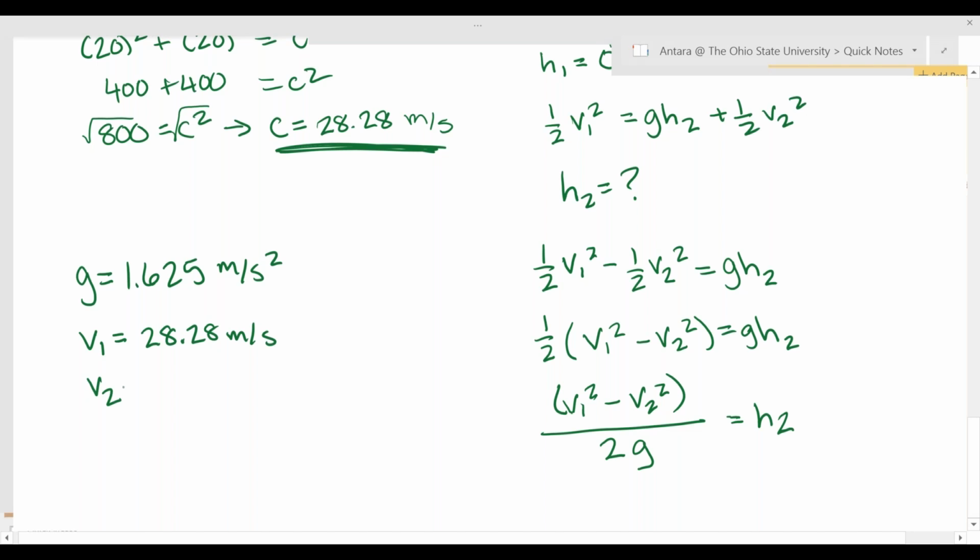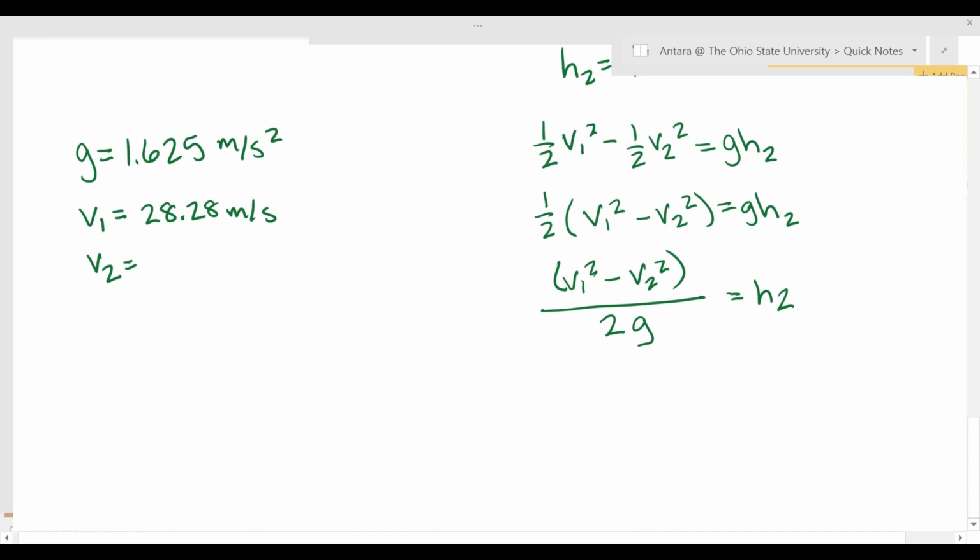Now V2 can be slightly confusing. You may think that at the top, where the golf ball will be highest, there is 0 velocity, but that is not true. So I'm going to draw a little bit. Let's imagine this golf ball at the top. It goes in this almost projectile motion, really.